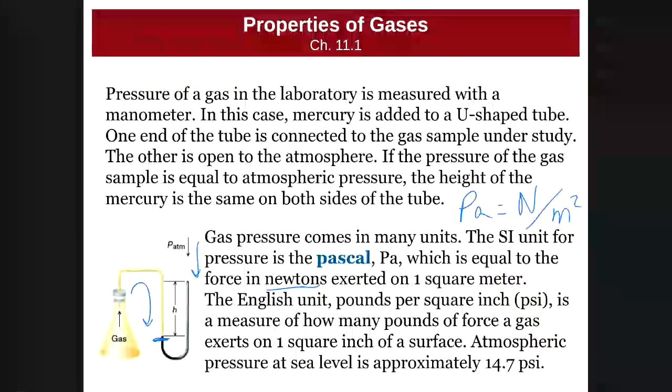The English unit, pounds per square inch, or PSI, you've probably heard of before because you've probably filled up the air in your car tires, and that is measured in PSI. That's a measure of how many pounds of force a gas is exerting on 1 square inch of a surface. Atmospheric pressure at sea level is approximately 14.7 psi.